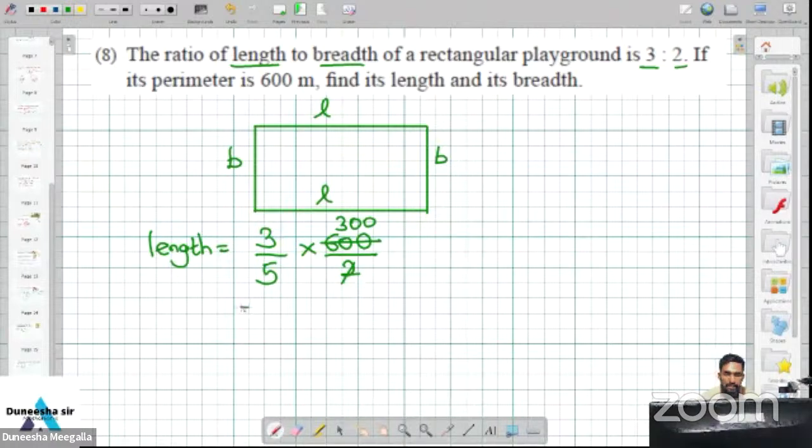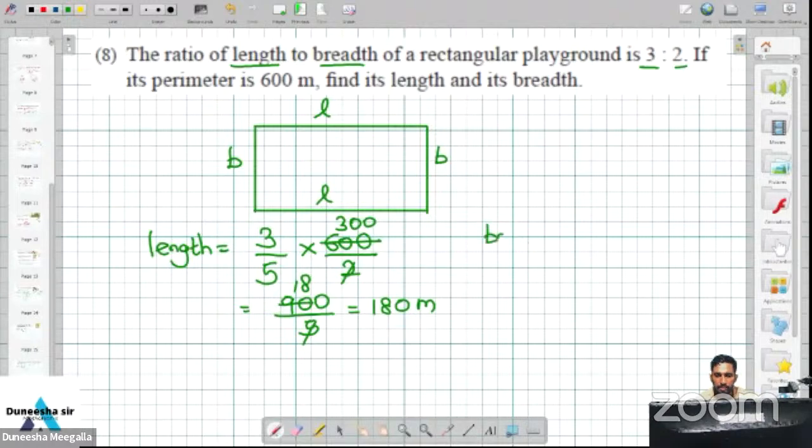හරි. Then 900 divide by 5. What is the answer? 180 meter. Is it? Yes, sir.